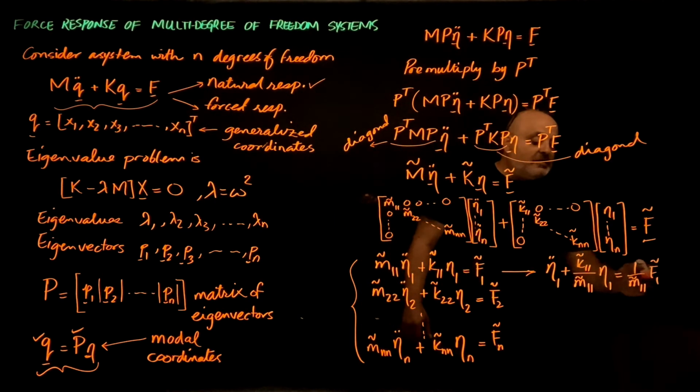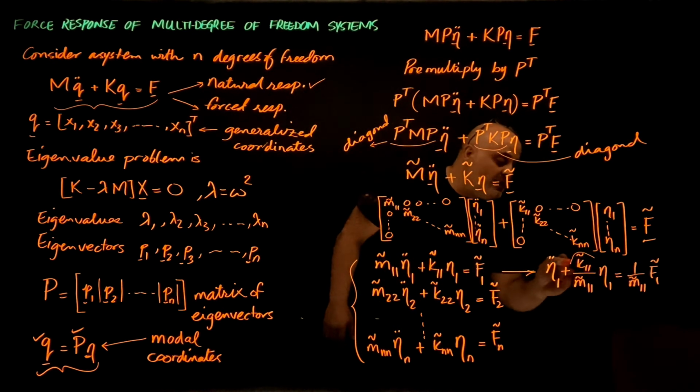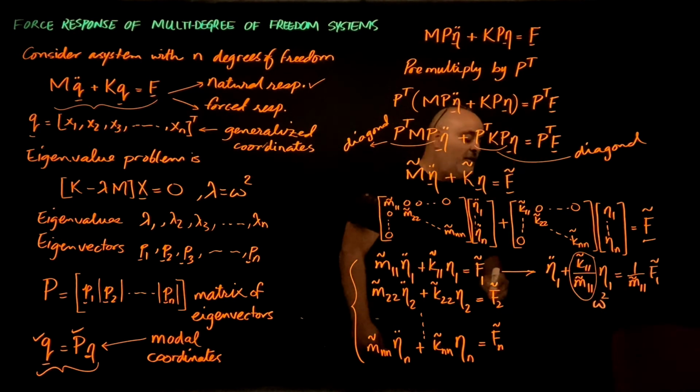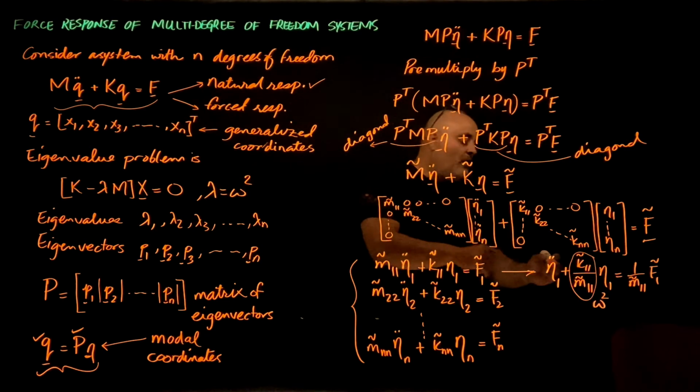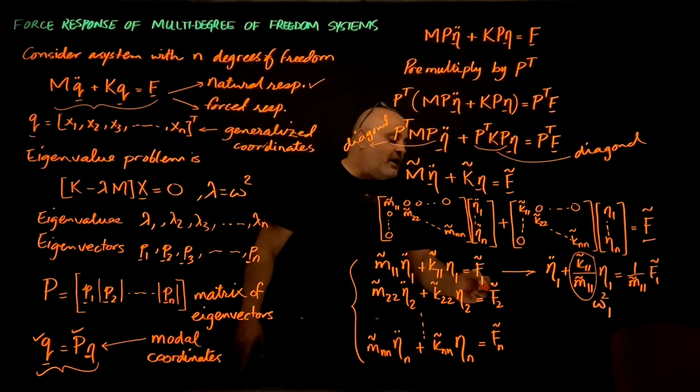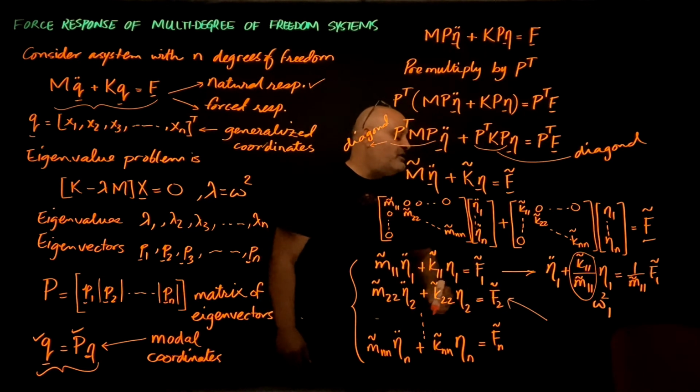That's a single degree of freedom system, so this is going to be omega squared, and for eta 1, this is omega 1 squared. And you do exactly the same for the second equation.